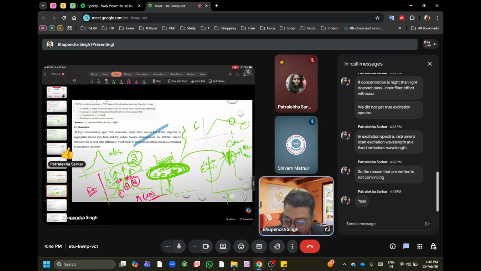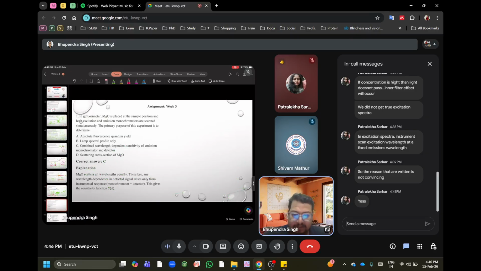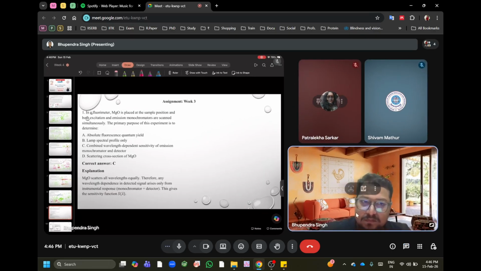Okay, moving on to the assignment, the assignment of week 3. So the first question is: in a fluorometer, MgO is placed at the sample position.